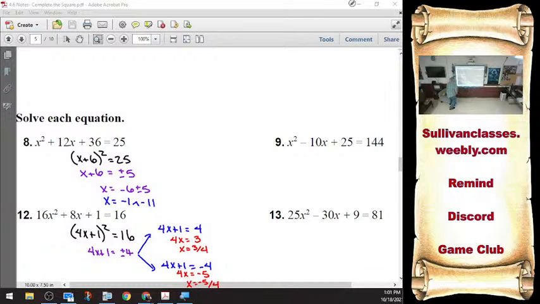You can't just say plus or minus the one answer. Because 4x plus 1 now equals a positive 4 and a negative 4. So solve them separately.